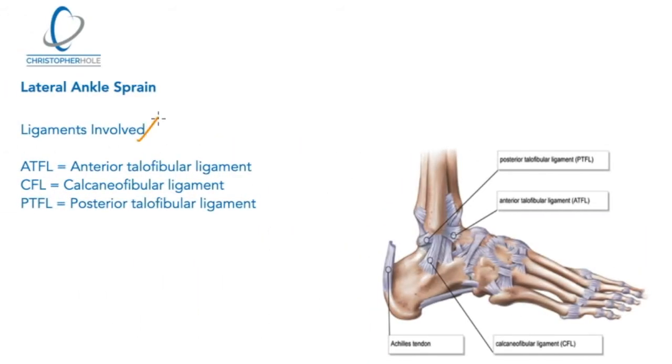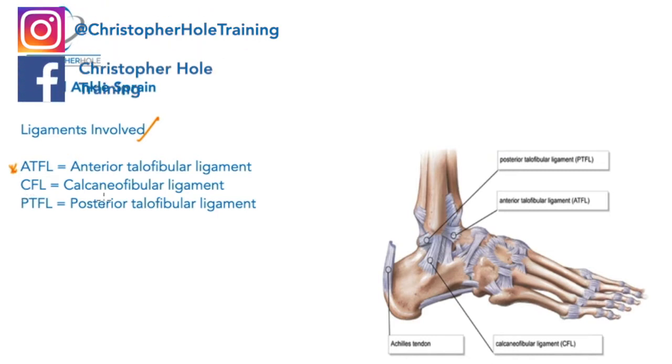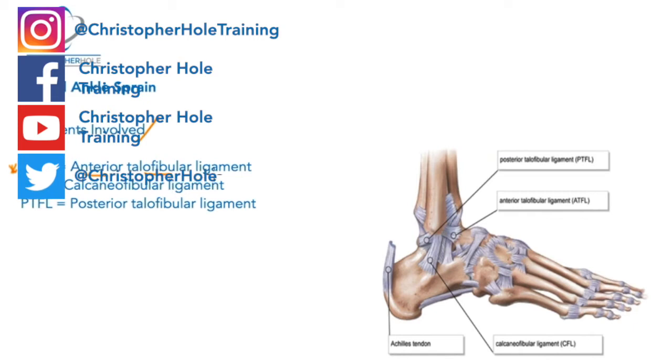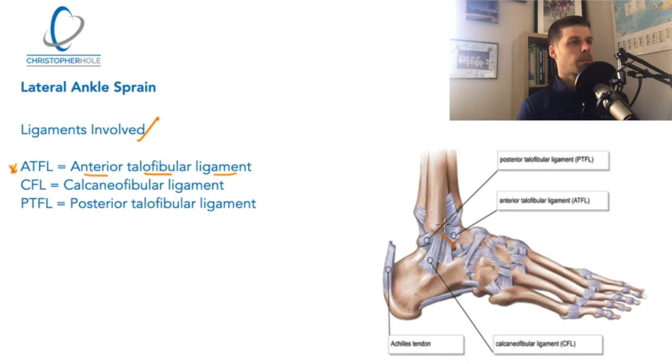The ligaments involved, as we've seen, we've got one called ATFL, which is the anterior talofibular ligament, which is this one here. So this is essentially the ankle bone there. This is the heel, and obviously you can see the toes down here.